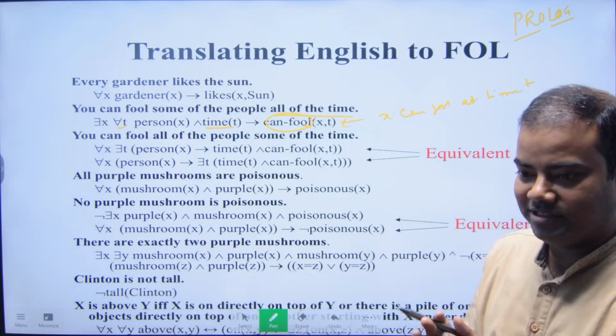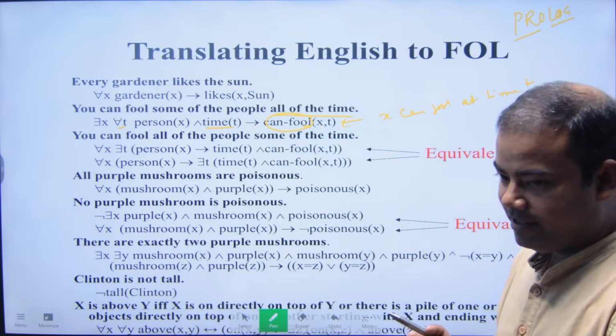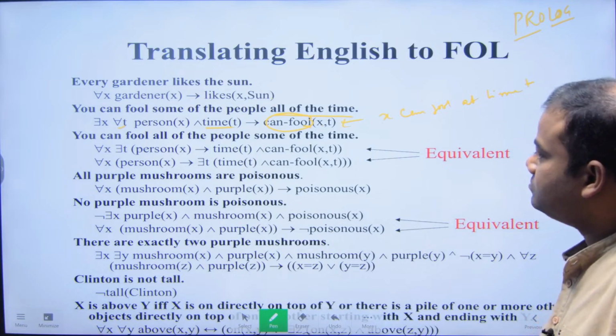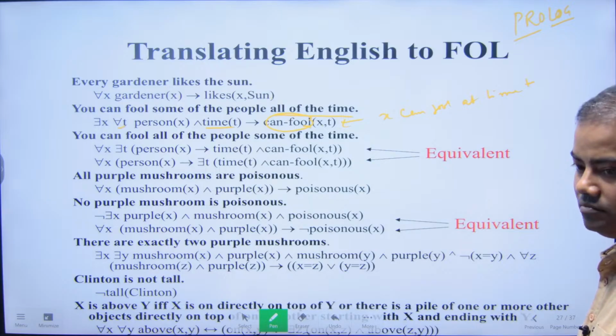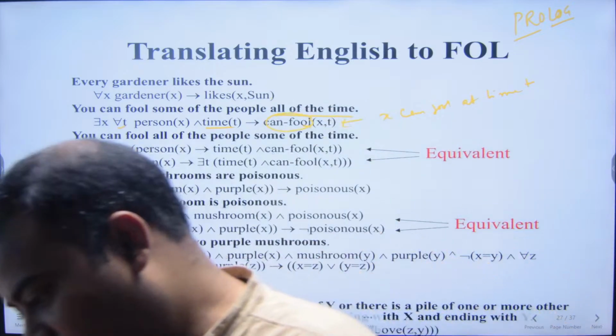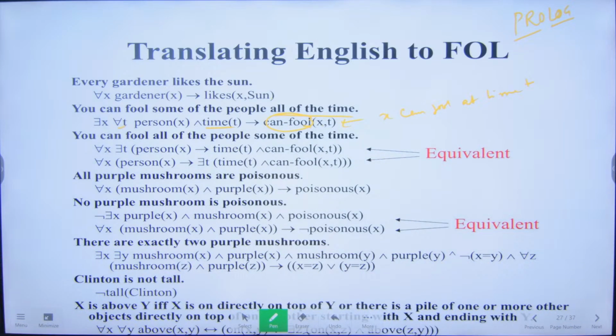Then only a meaningful sentence will be created. For all x, person x, here it is x.